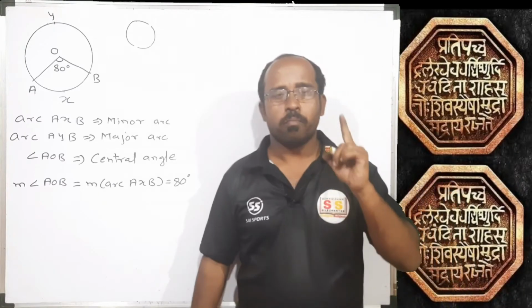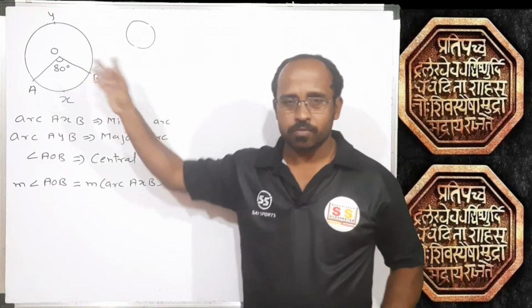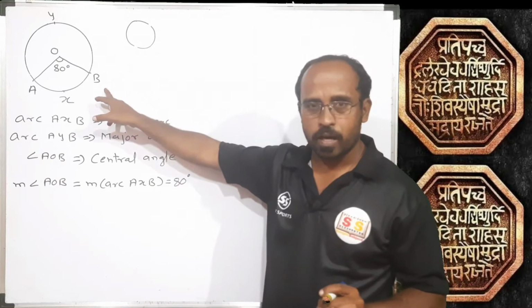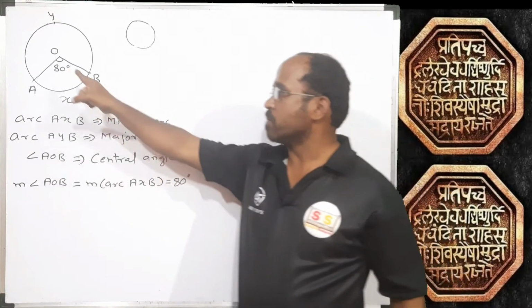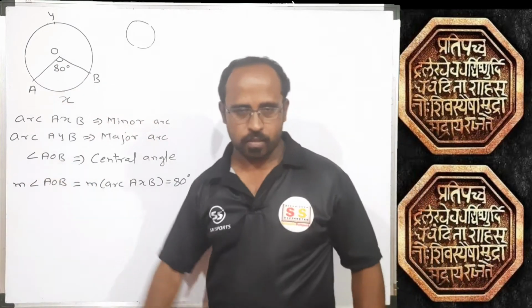So, measurement of arc is measured in degrees as we are measuring angle. Clear up to this? So, how to find out measurement of arc? For that, we have to create one central angle, and whatever is the measurement of that central angle, that is nothing but the measurement of this minor arc.